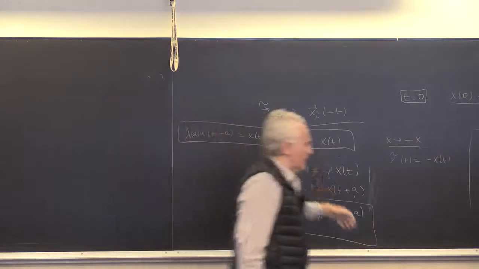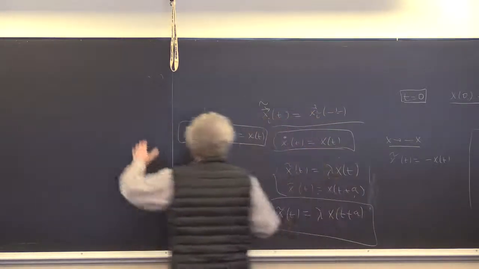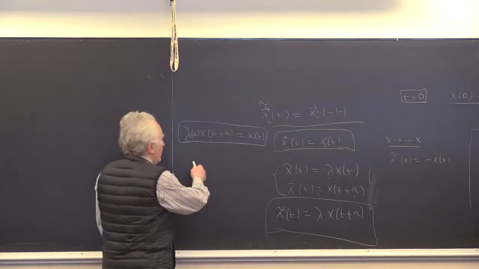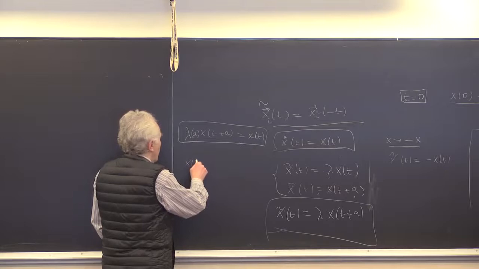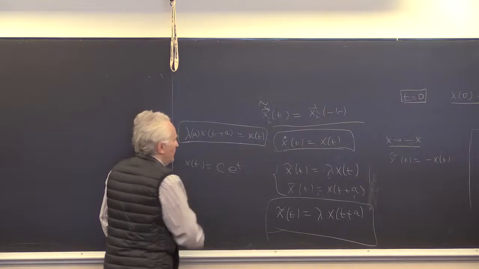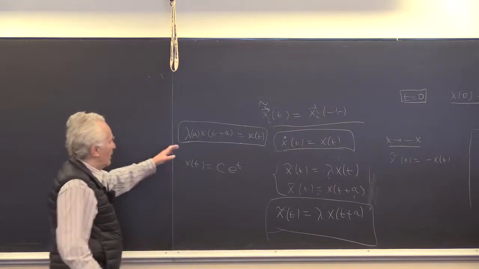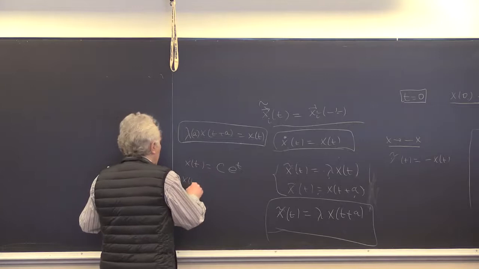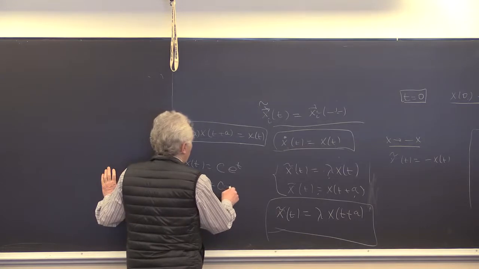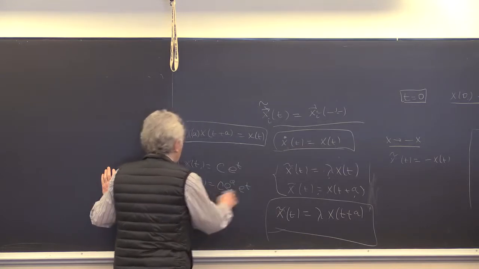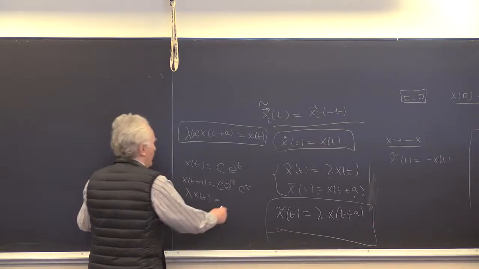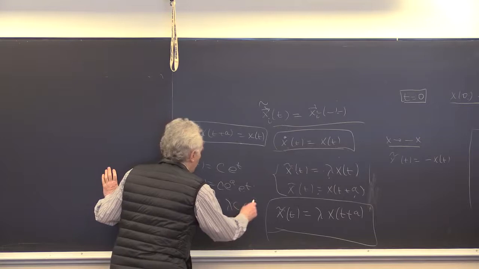And from this, we can now see it in a very simple way. You just say x of t is some constant c e to the t. This is a solution. And if we take x of t plus a, we get c e to the a e to the t. If we take lambda x of t, we have lambda c e to the t.